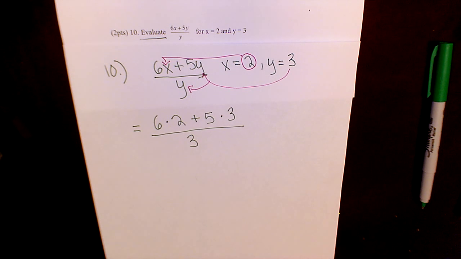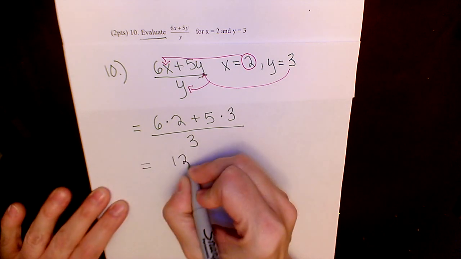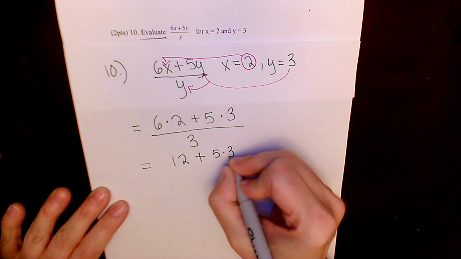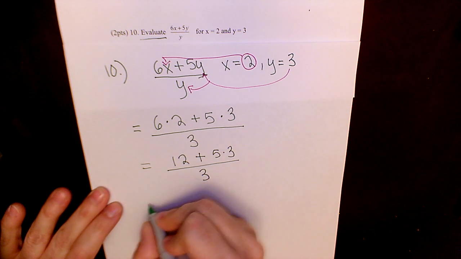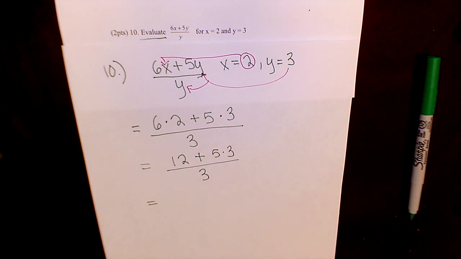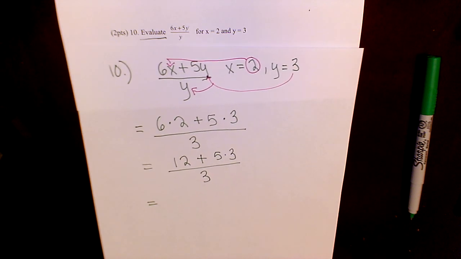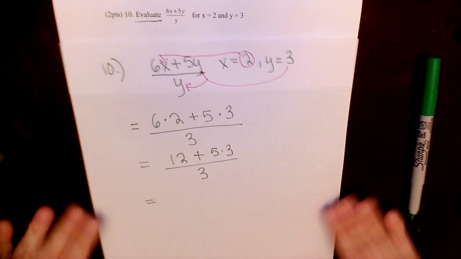Now I'm going to follow my PEMDAS, and I'm going to do my 6 times 2 first. Remember, we go multiply, divide, left to right, whichever comes first. So going left to right, I'm doing this 6 times 2 first.